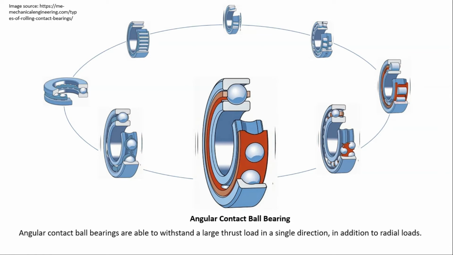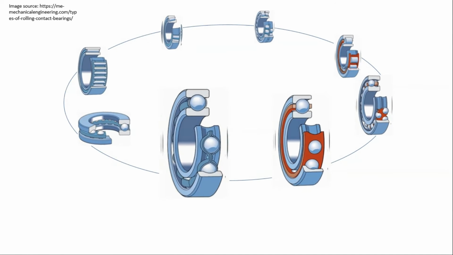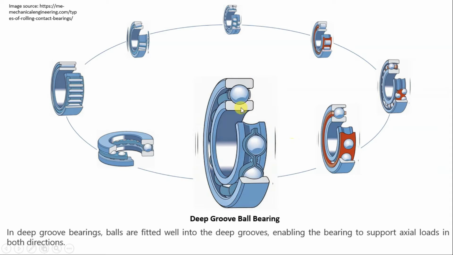Next is the angular contact ball bearing. The previous bearing, that is the simple deep groove ball bearing, can take major load in the radial direction only, and minor load in the axial direction. But if the load is acting at some angle on this ball, then this arrangement cannot be used.